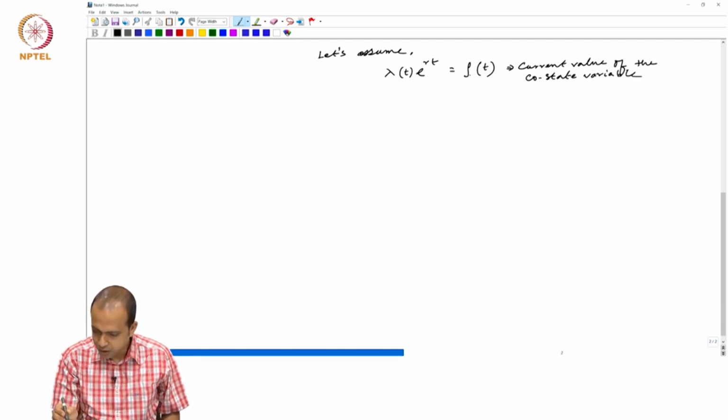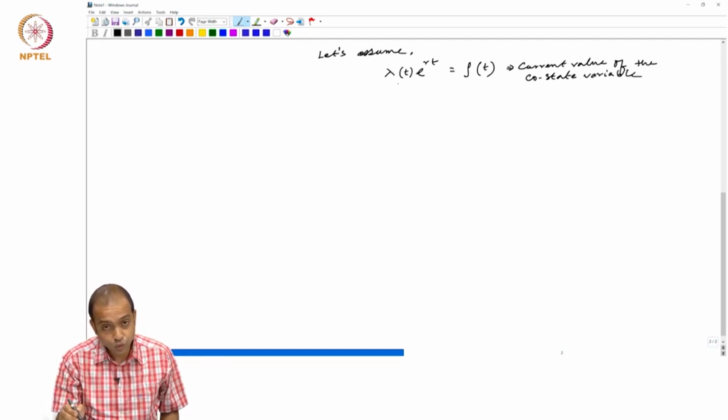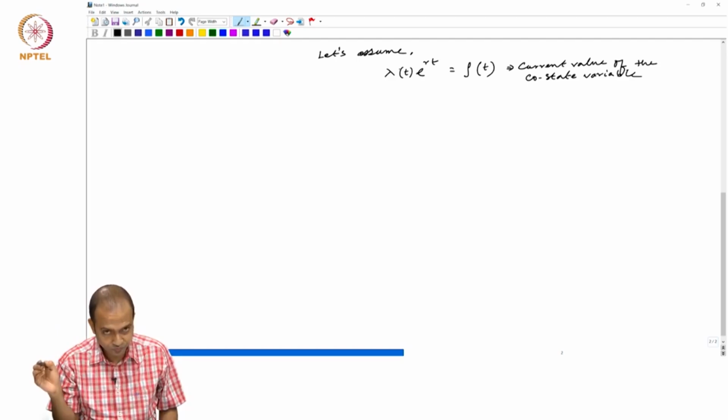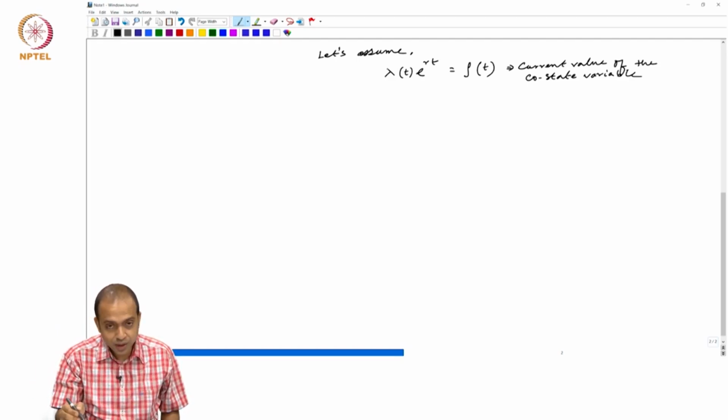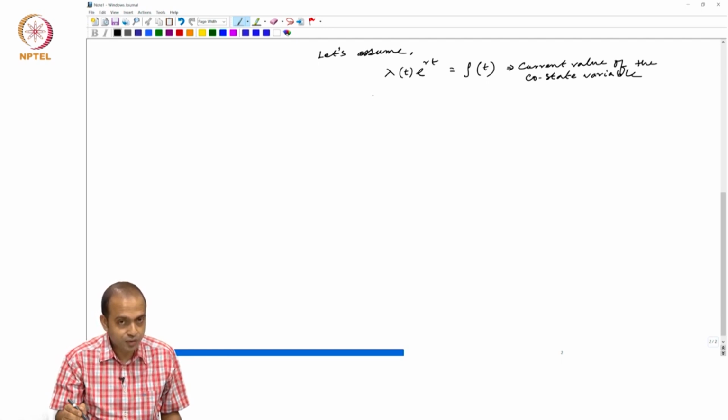Now, if you look at this rho t, how we are getting it: lambda t multiplied by e to the power r t. Now, lambda t, if you go back and see, this Lagrangian multiplier lambda t is basically what we have defined as the co-state variable because it was attached with the state variable x t. So, the interpretation of lambda t is the co-state variable, or we have also defined lambda t as the marginal benefit, marginal preservation benefit.